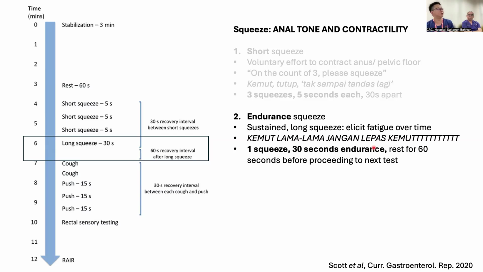Even in a sitting position, do they use a footstool or not? So you are right that the positioning affects the outcome of the defecation. But to get objective testing results, because it's a standardized protocol, we find that when we get the patients in the left lateral position, we are able to get a uniform answer.